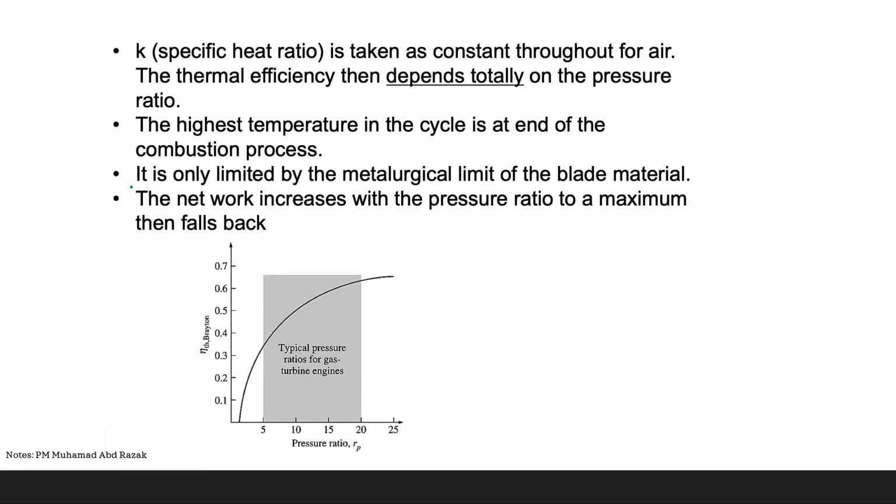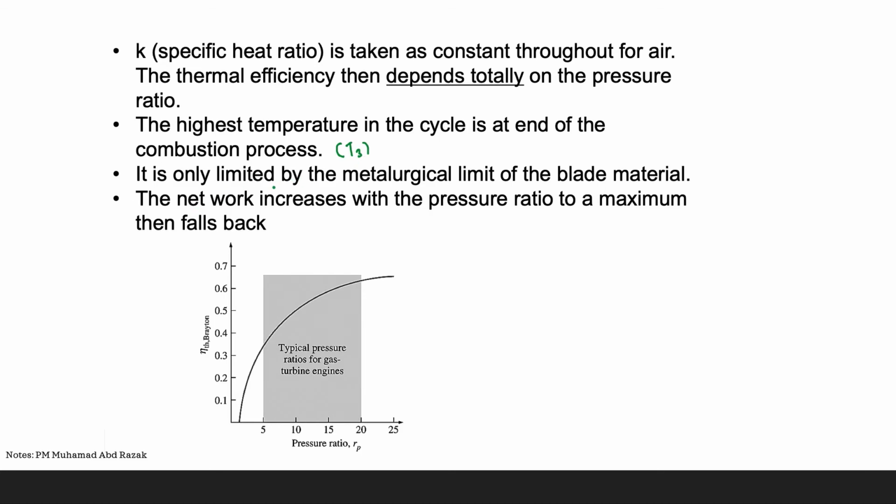Okay, K. What is K? K is the specific heat ratio, and this topic we already covered in chapter 3. In this topic, we consider that K is constant throughout for air. Alright, the thermal efficiency depends totally on the pressure ratio. The highest temperature in the cycle is at the end of the combustion process, T3.